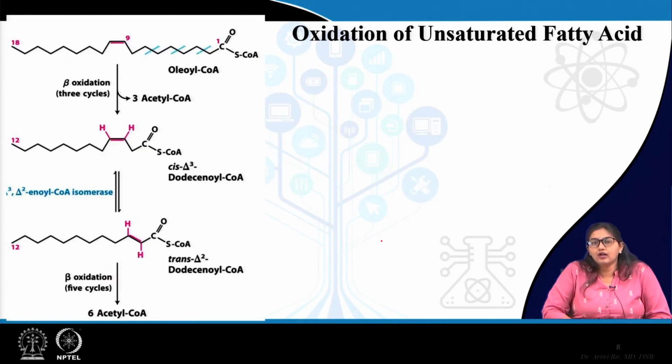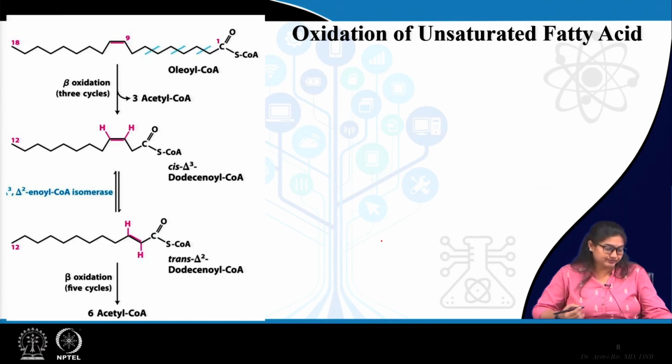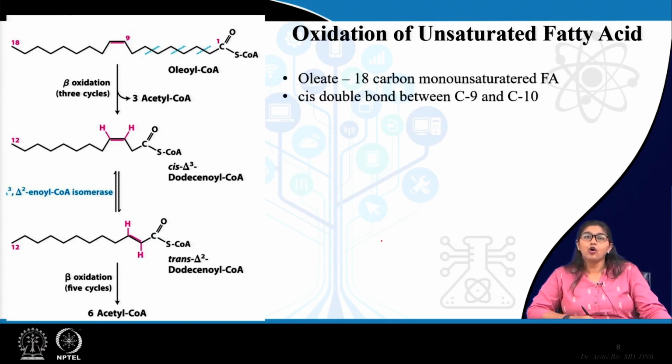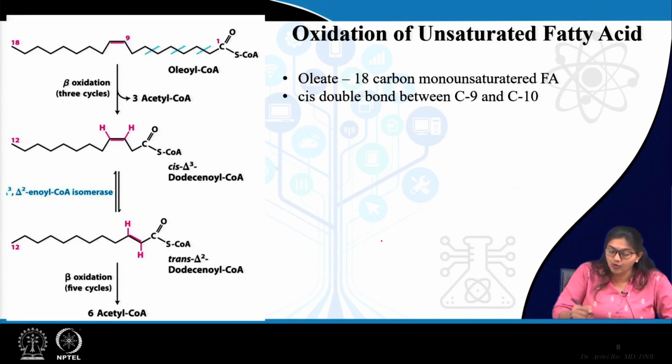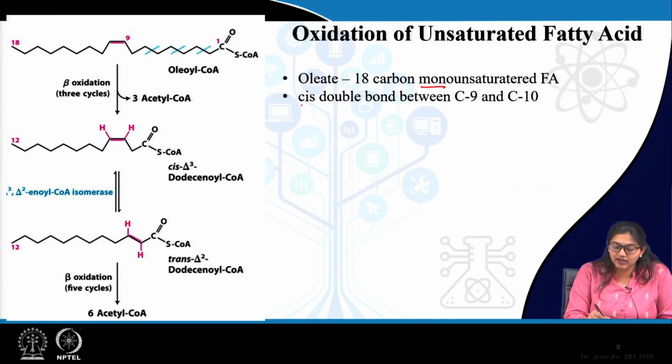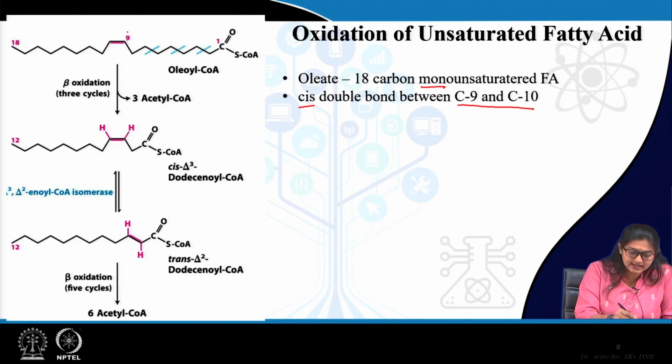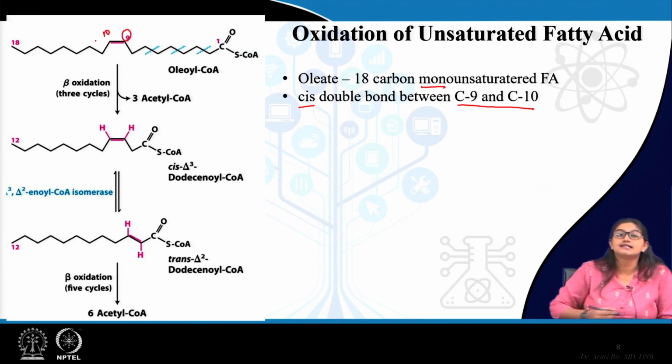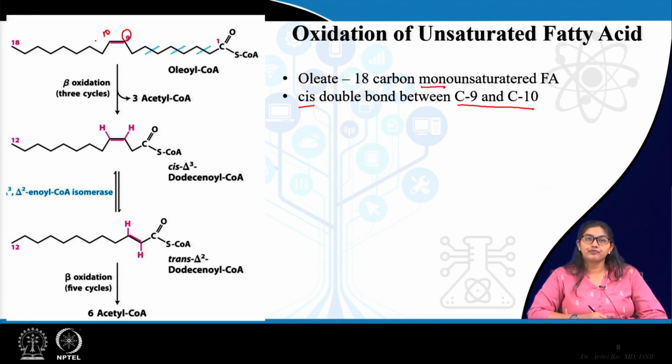Now, let us discuss when these enzymes are required with respect to oleate or oleic acid, which is an 18 carbon mono unsaturated fatty acid. There is one single double bond, and that double bond is in cis configuration, present between C9 and C10.